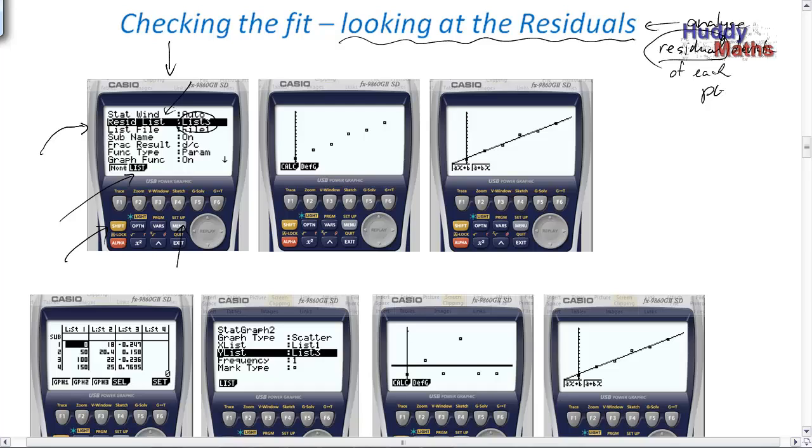So if you put your data in List 1, List 2, you might do what I've done, put the residuals in List 3. What it's telling the calculator is calculate the distance of the original data point, y's, away from the new model that's been fitted, and stick those deviations in List 3. Now you've got to do this before you calc.